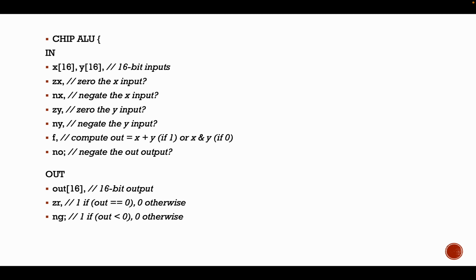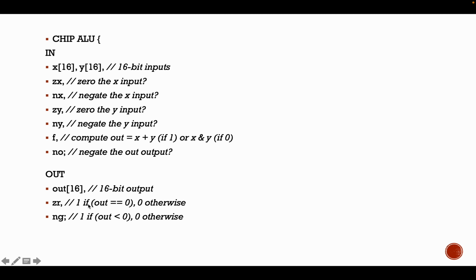Basically for ZR, if the output of the ALU is equal to 0, if the 16-bit main output has all 16 bits at 0, then ZR will be true.